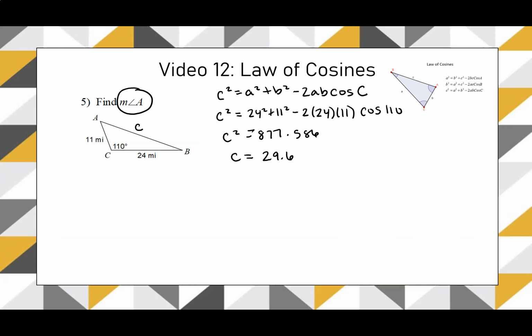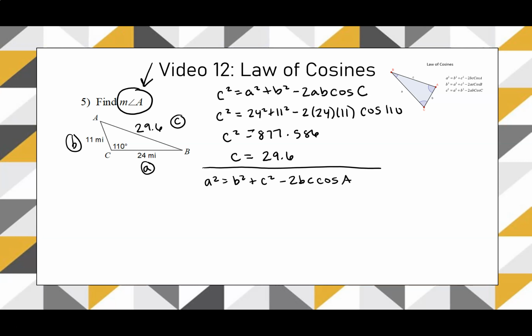All right, so now that we got that this is 29.6, I can go ahead and erase that and say 29.6. So now I've got that this is my C, this is my A, and this is my B. And again, I'm solving for angle A, so now I need to use my A squared formula. I'm just going to get that down real quickly. All right.